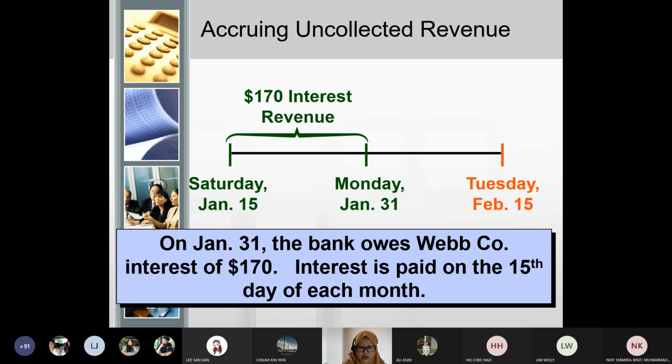The end of the company's accounting period is 31st January. So from 15th January until 31st January, the interest revenue earned is 170.